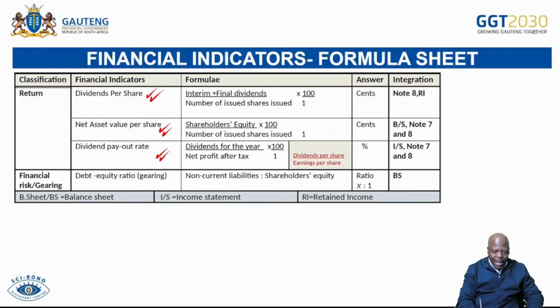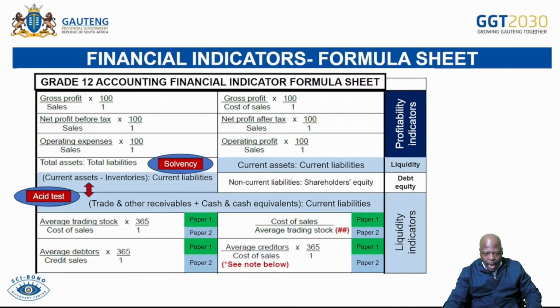And then you have your risk and gearing financial indicators. That is looking at the debt equity ratio. Now, it is very important to know the formula sheet, as I've said, and you need to know where to find which financial indicator. At the top part, you have your profitability financial indicators.